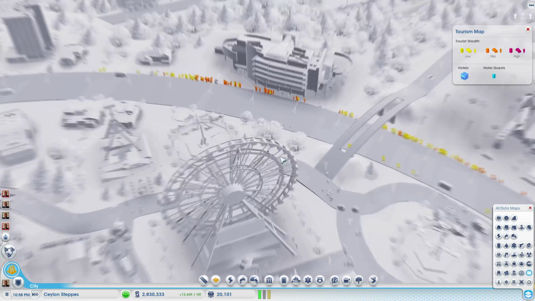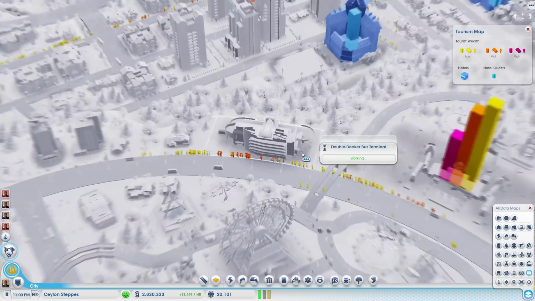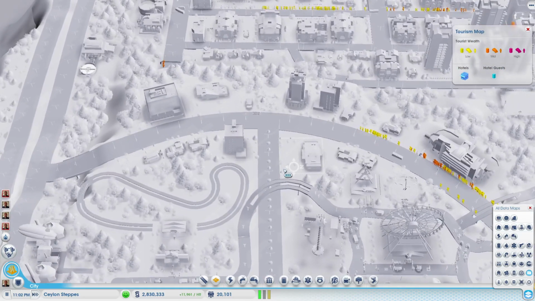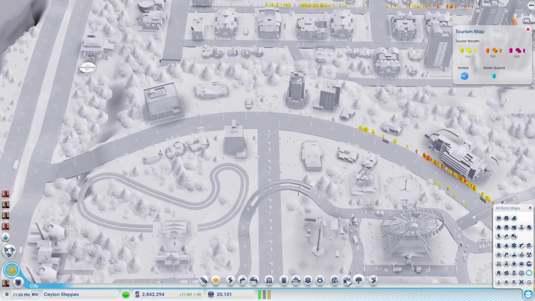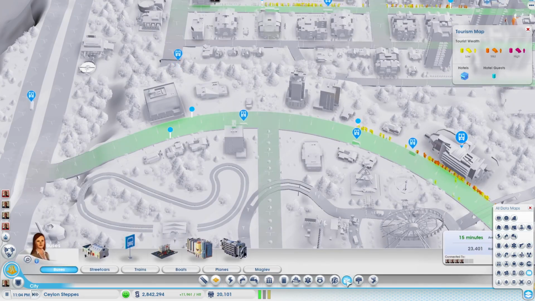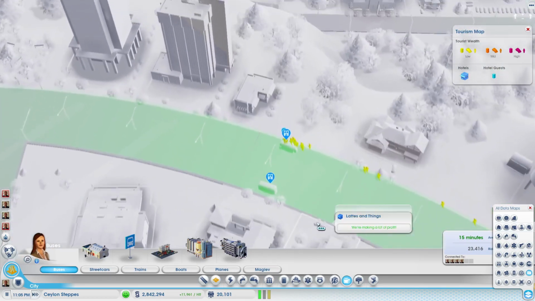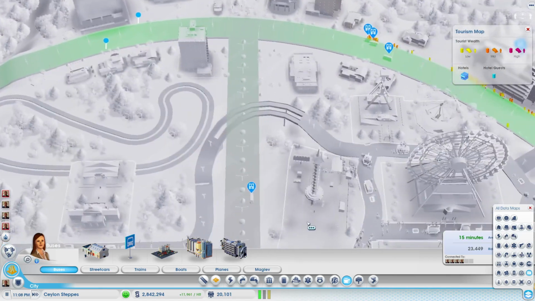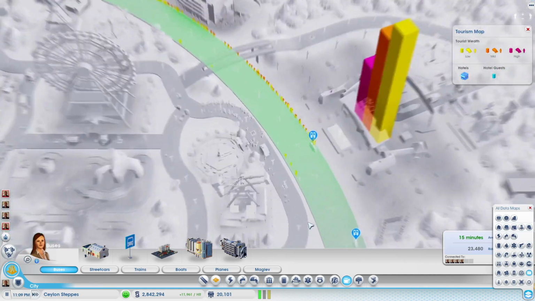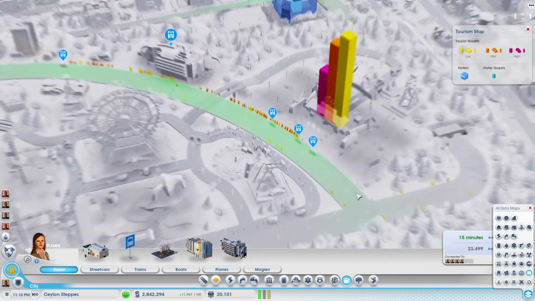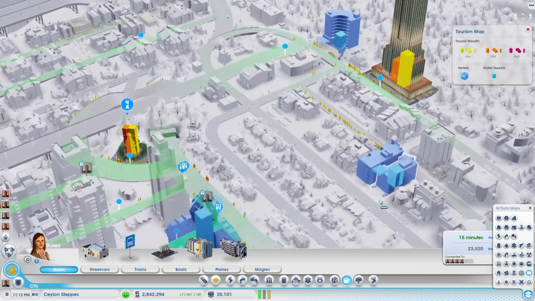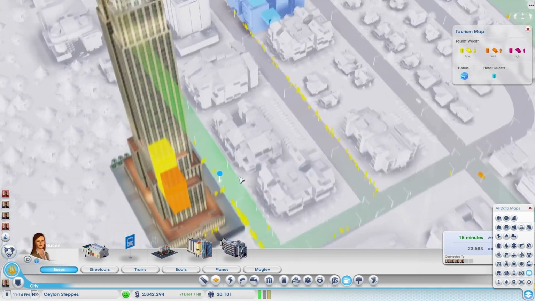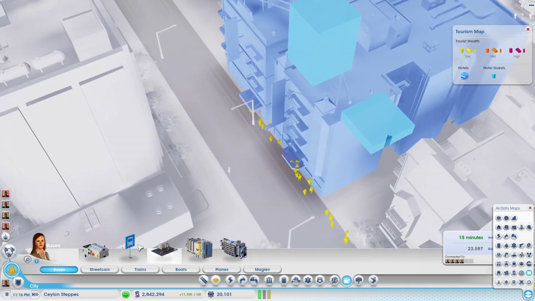Look at the people walking. I mean, we've got our bus. Do I have bus stops? Yeah, I have bus stops right in front. If these turn into hotels, I'm going to give you bus stops.